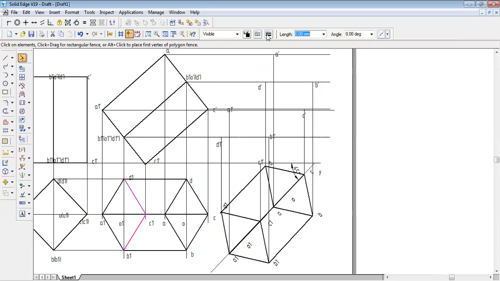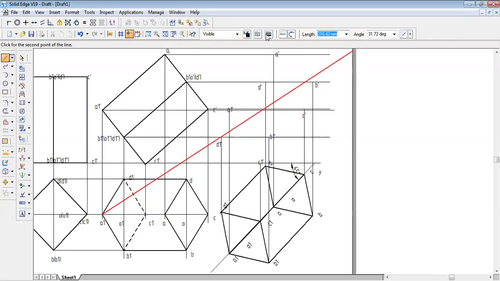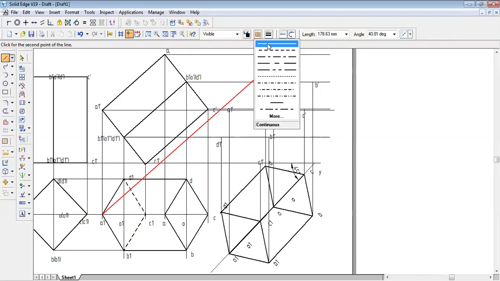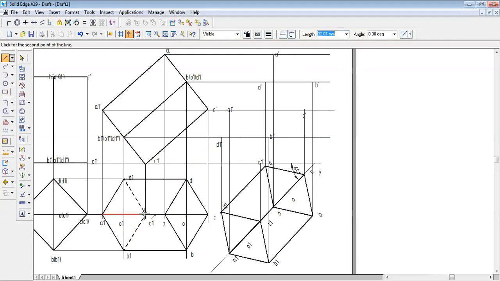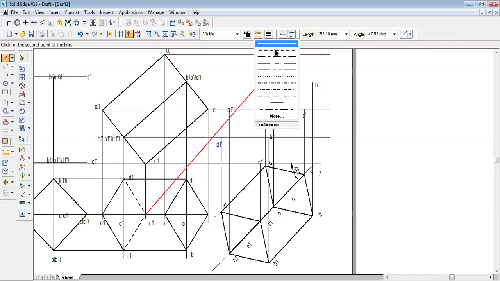I have to mark these as dotted lines. Afterwards, the line from here to here will be a thick line. And from A1 to C1, then from C1 to C, it should be a dotted line.